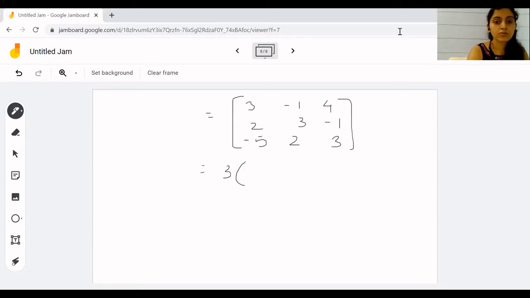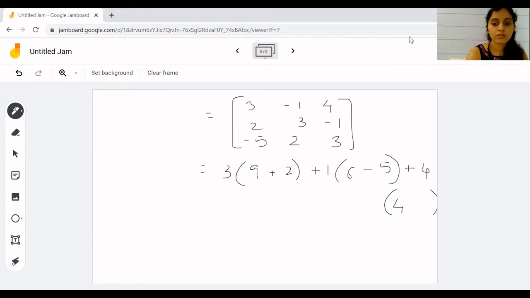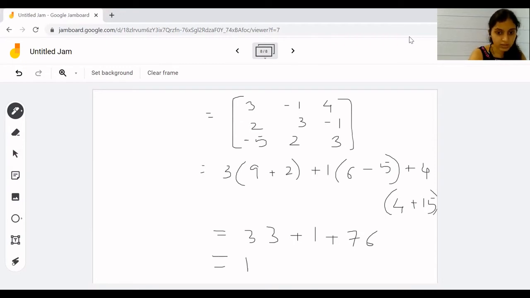So take your determinant values, 9 plus 2 minus of minus plus 6 minus 5 plus 4 multiplied by 4 plus 15, which is 33 plus 1 plus 4, 19, 76. 110 is the answer. So this is your value.